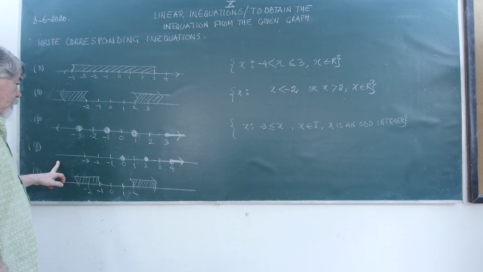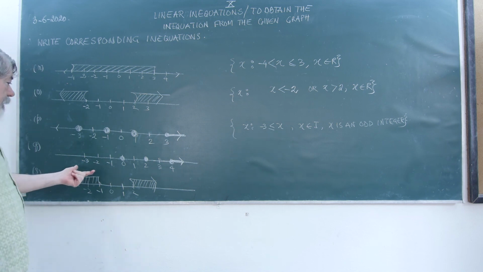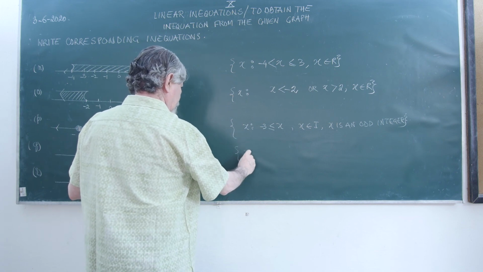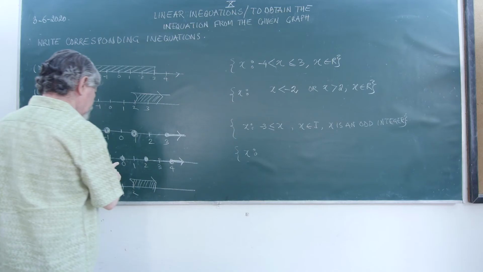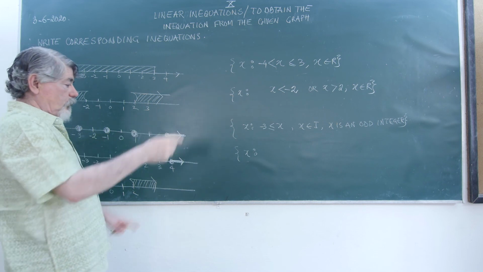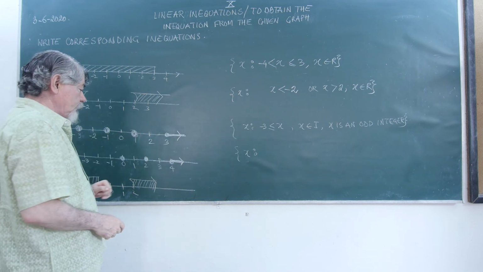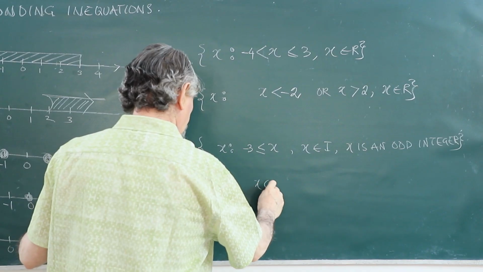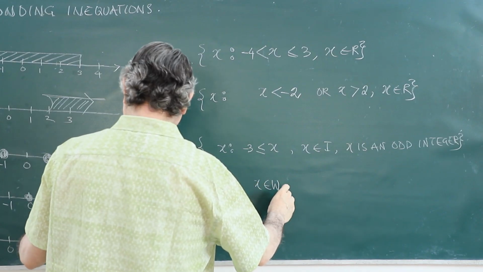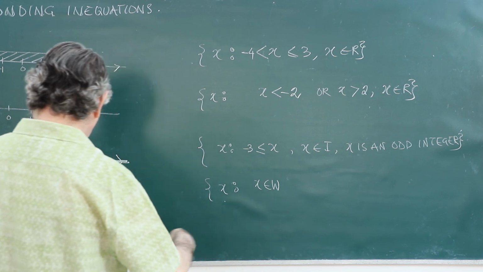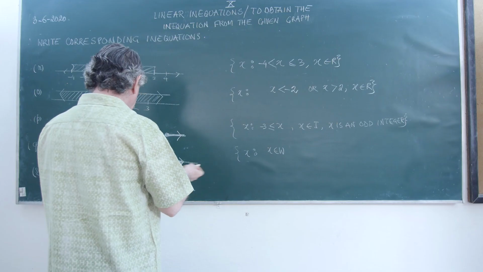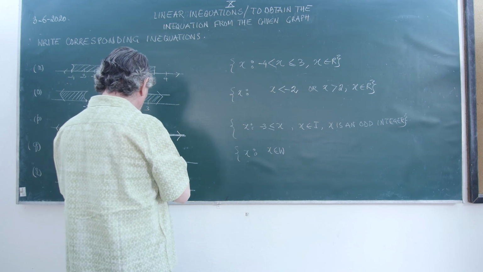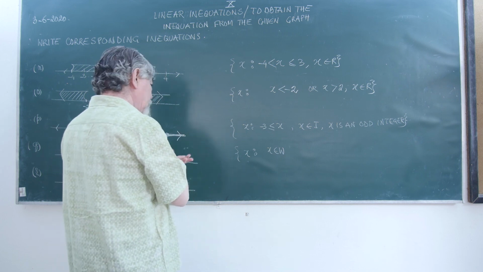Then we have the next question, where again whole numbers are there, starting with 0, 2, 4 and so on. It is indicating it is going to infinity. So x belongs to the set of whole numbers. X is a whole number, and that's it.